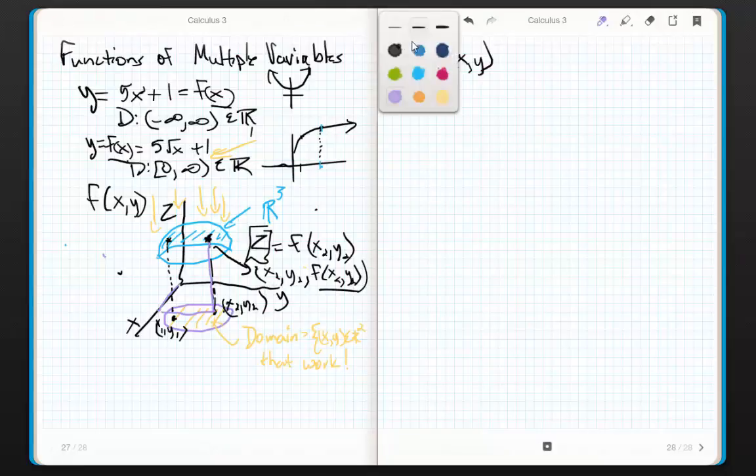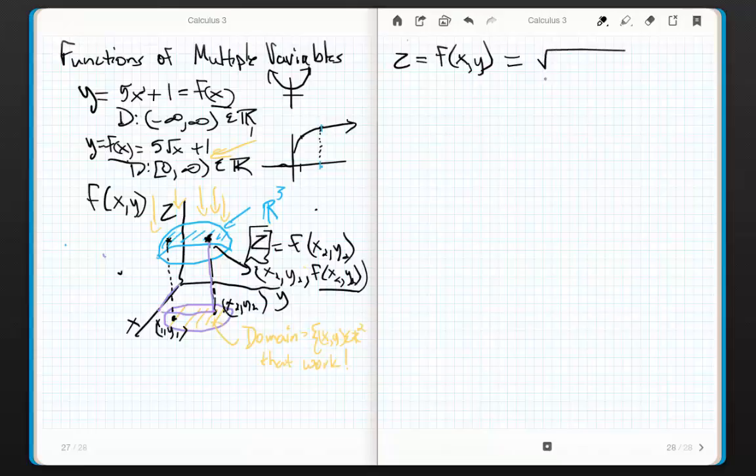Now we understand how that works, so we can do this algebraically, just like we used to fight with domains and ranges and all that good stuff back in the Cartesian plane. What if I just simply call this x squared plus y squared equals f of x, y, which remember equals z.